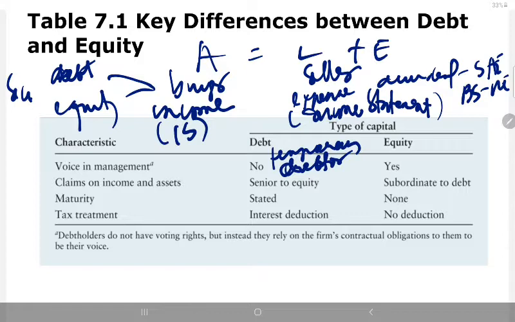The interest that you receive from the debtor will be an interest income, and the dividend that you receive from the equity that you buy will be a dividend income. Okay, it will form part of your passive income.